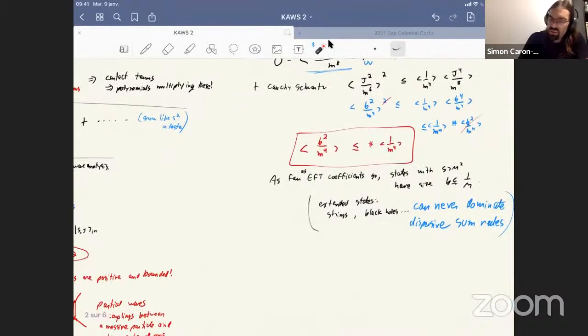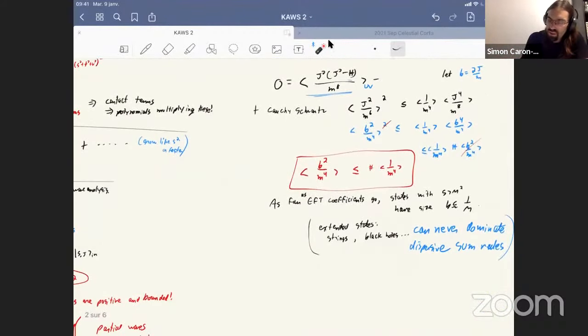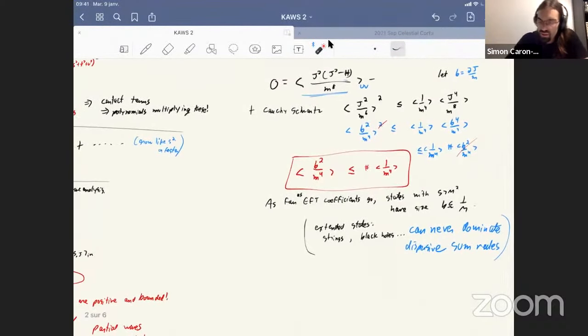These two-sided bounds justify the EFT power counting. I think it's a striking message. You could have worried that crazy things happen in the UV, but they can never matter for these sum rules.